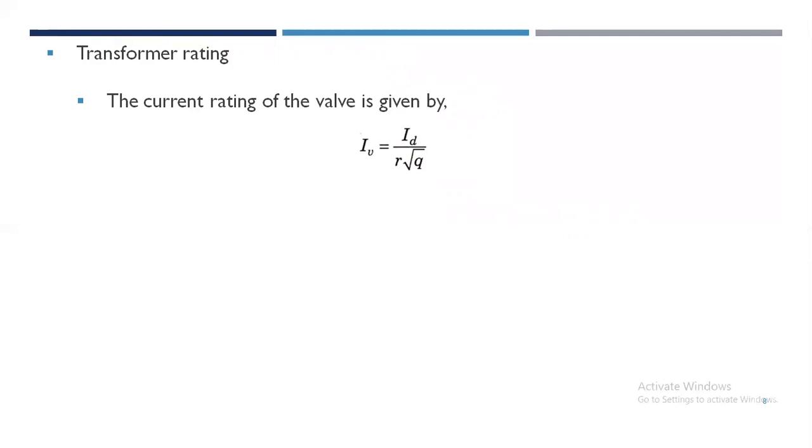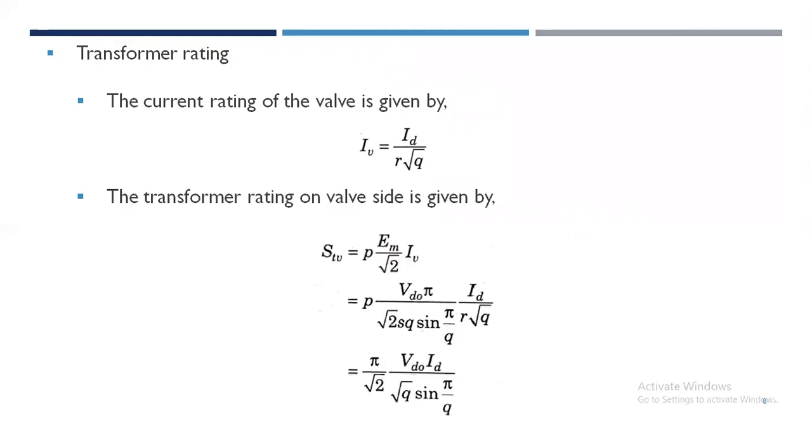The transformer rating on the valve side in volt ampere is given by S equals P into STV, the valve side volt ampere rating of transformer, where STV equals P into EM upon root 2 into IV.